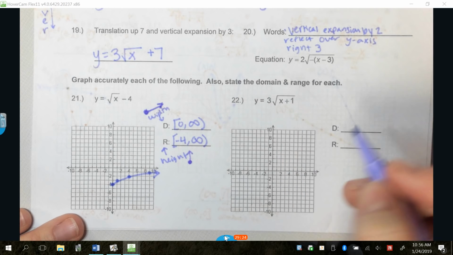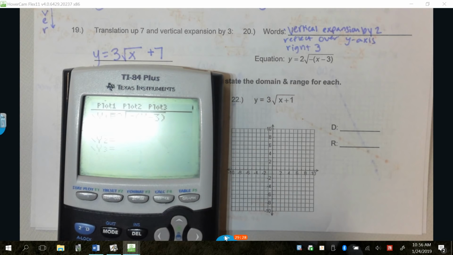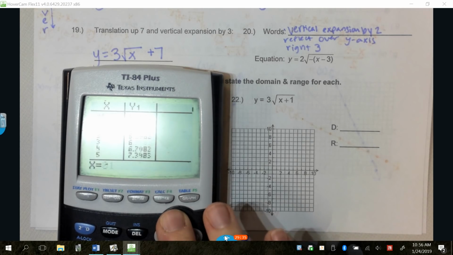Okay, so here I'm gonna graph this one just so I'm careful instead of trying to multiply in my head. 3 square root x plus 1, second graph. Find my error, there it is.